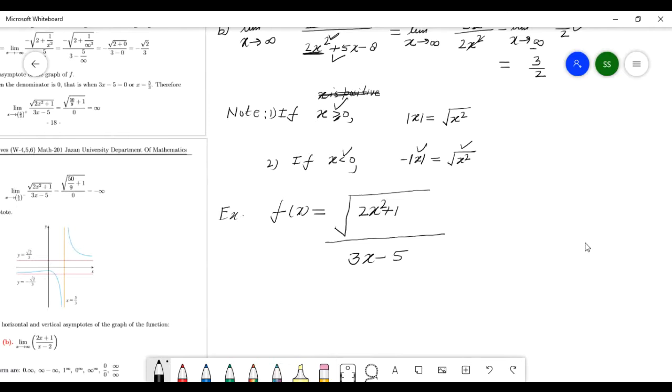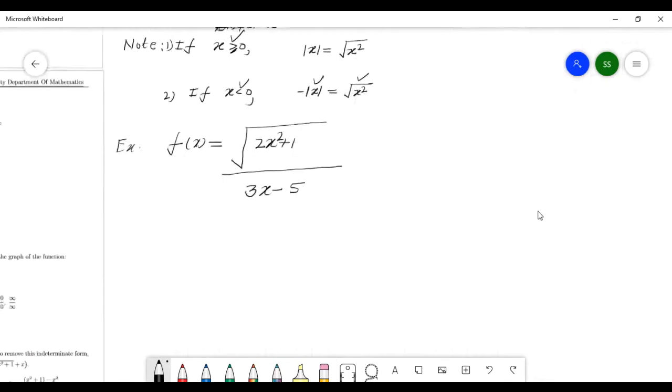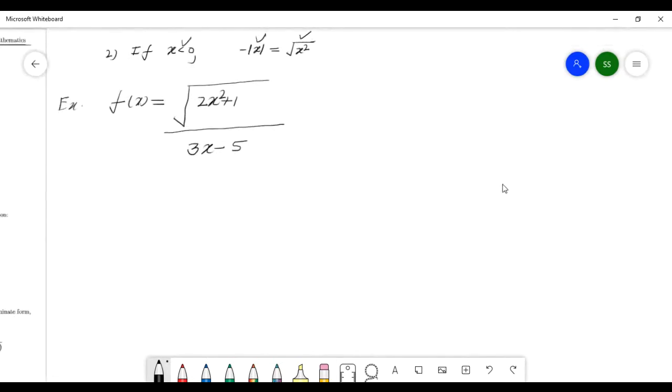Okay? See how to find the horizontal asymptote here.